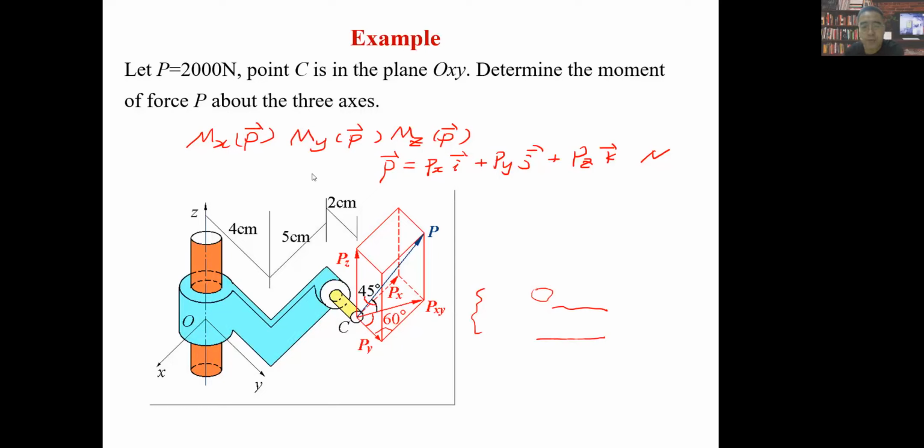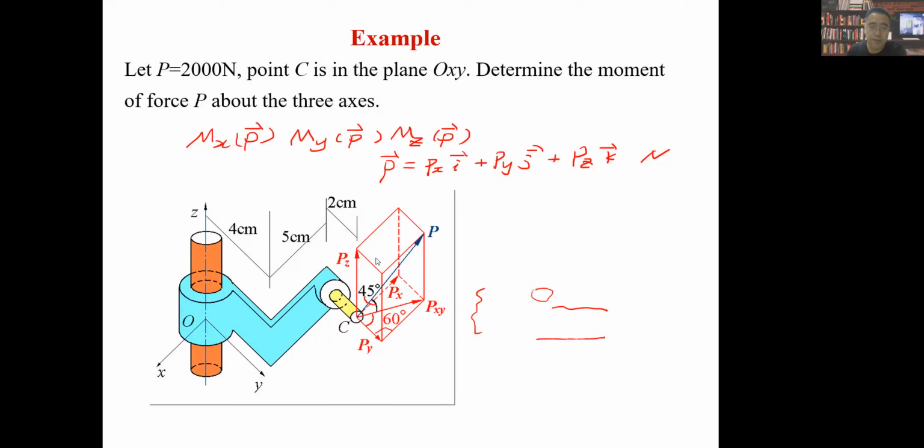So we have two methods. The first method is to use the definition of a force's moment about a given axis. Do you still remember? Let me tell you this again.